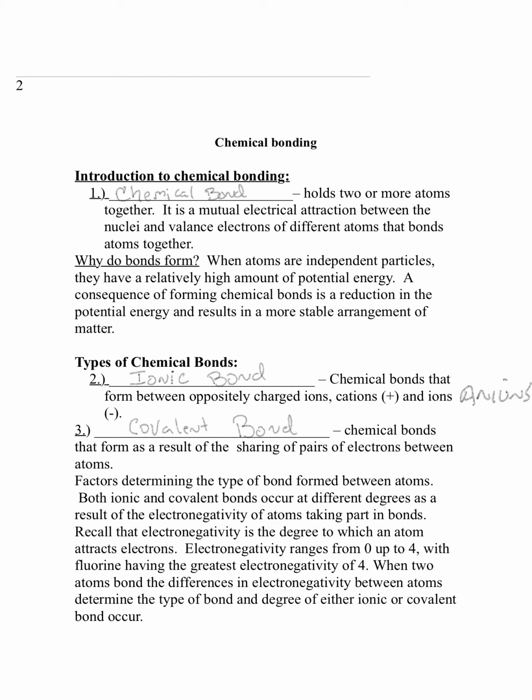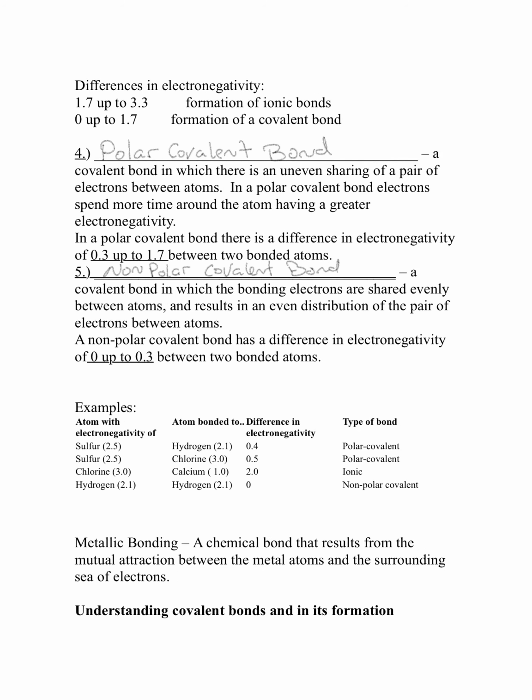When two atoms bond, the difference in electronegativity between the atoms determines the type of bond and degree of either ionic or covalent bonding that occurs. If the difference is 1.7 up to 3.3, you have the formation of an ionic bond. If it's 0 up to 1.7, you have the formation of a covalent bond.